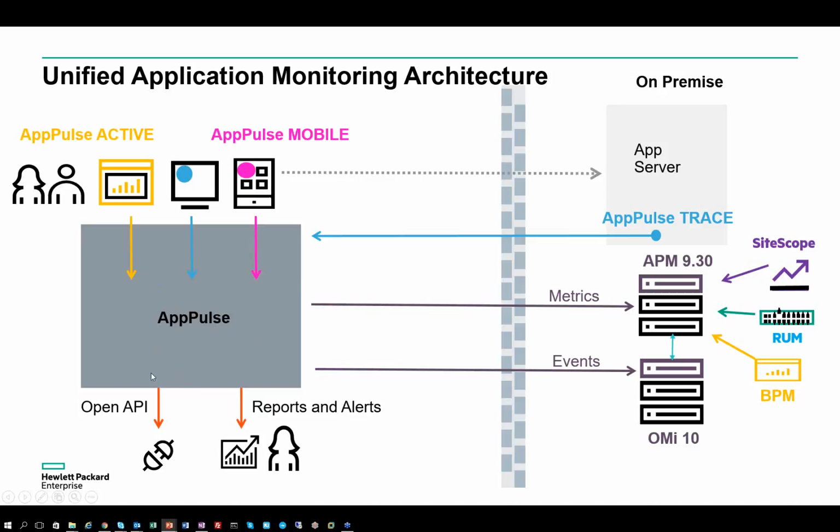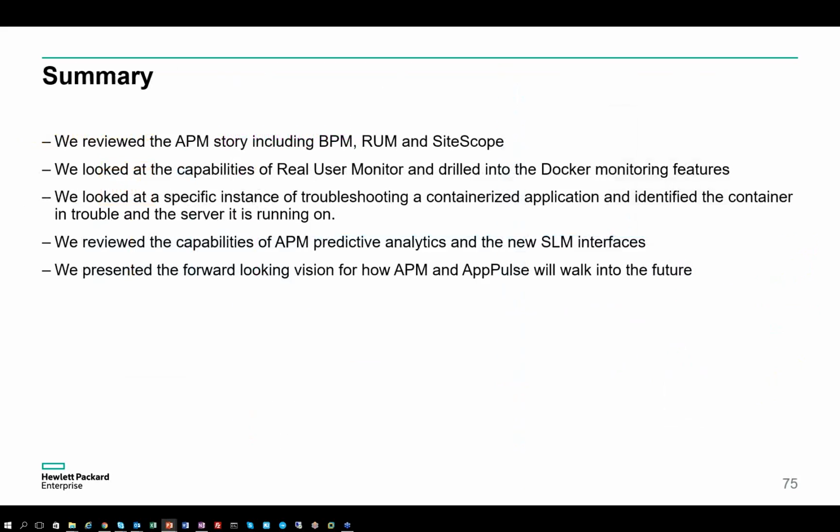Users review reports and alerts from Apples. Apples can then also send metrics into APM, events into OMI, and then same thing for BPM, RUM, and SiteScope can generate metrics into APM, which then interacts with OMI to present events and topology.